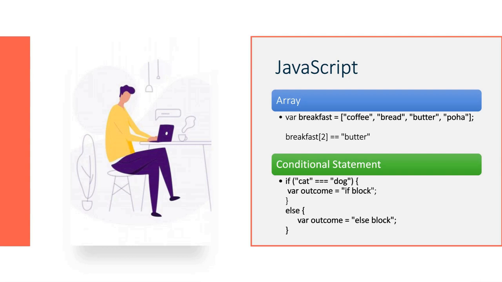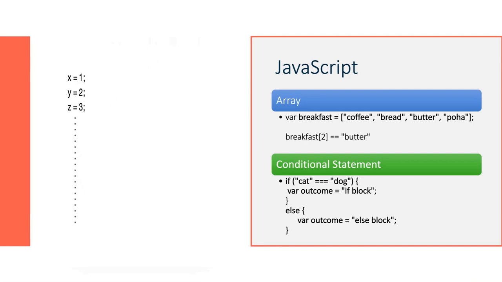What is an array and why do we need them? An array is a special variable which can hold more than one value at a time. Imagine we need to store the names of all the students in our classroom. One way is to make a variable var student1 equals to the name of student1 and do this 50 times.